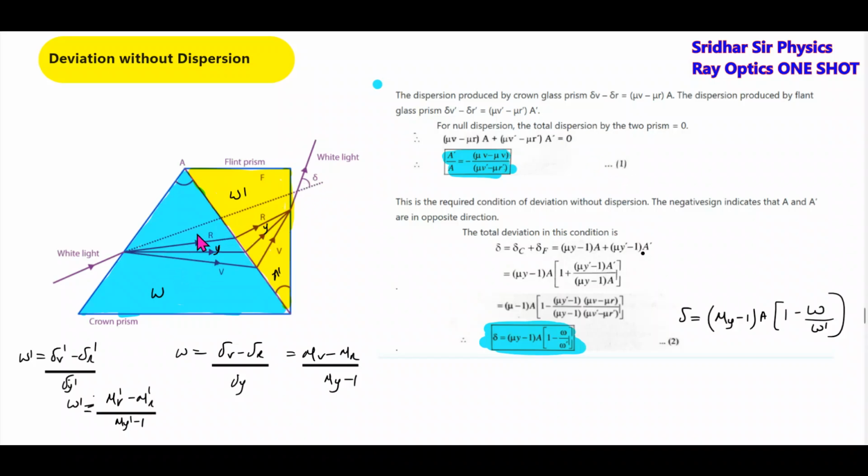The deviation produced by the crown plus flint, I'll add up, then this A dash will be replaced here. Mu Y minus 1, I'll take common. Then we can bring in the dispersive power. The net deviation will be in terms of the dispersive power of the prism: mean deviation into 1 minus the dispersive power of the crown by the flint.